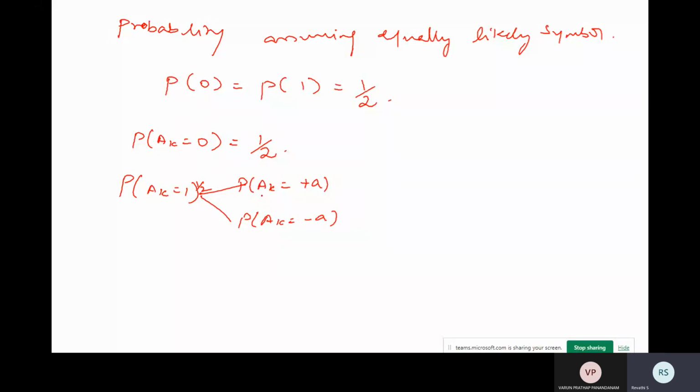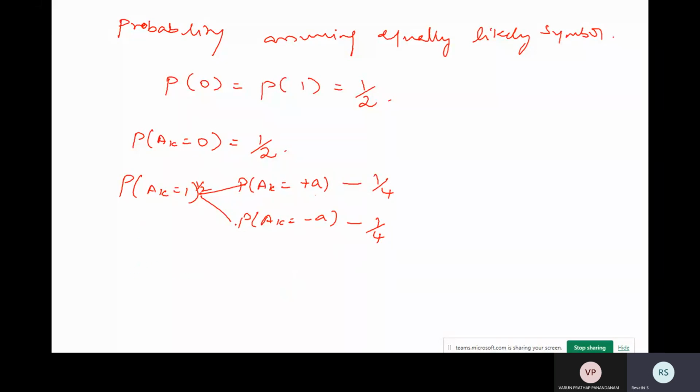But when we are talking about levels, it may be either positive or negative. And as we have assumed it is equally likely, let us exactly split this 1 by 2 as 1 by 4 and 1 by 4. So what you need to understand is the probability of generating AK equal to 0 is 1 by 2, generating AK equal to plus A is 1 by 4, and the probability of generating minus A is 1 by 4.